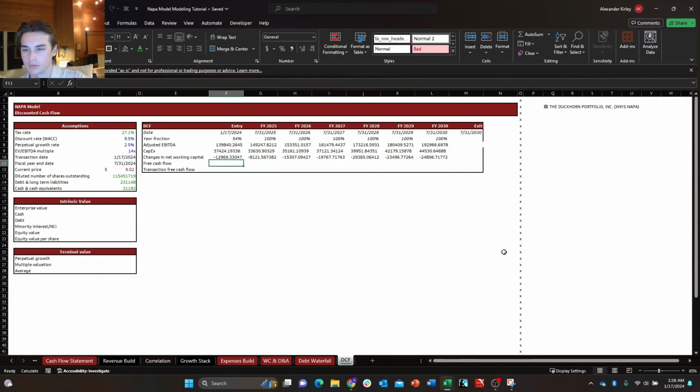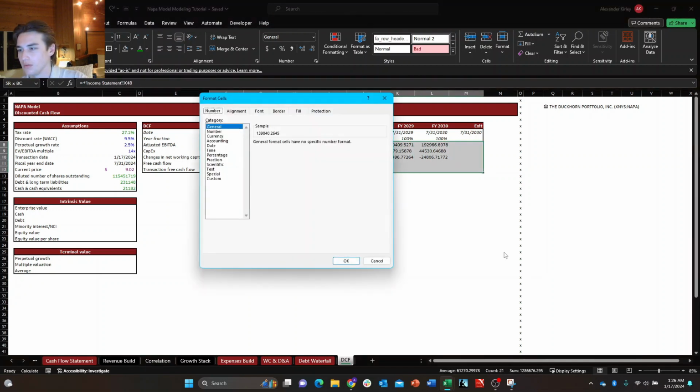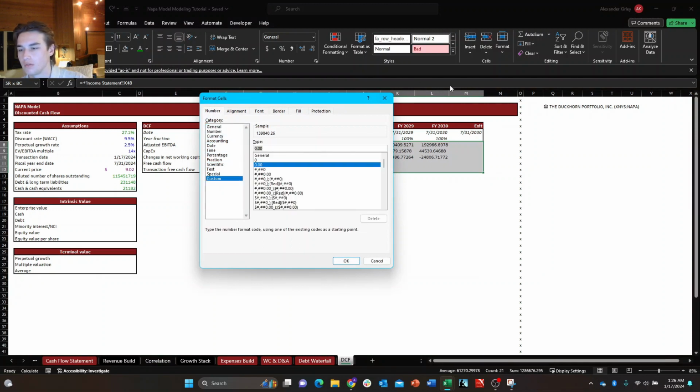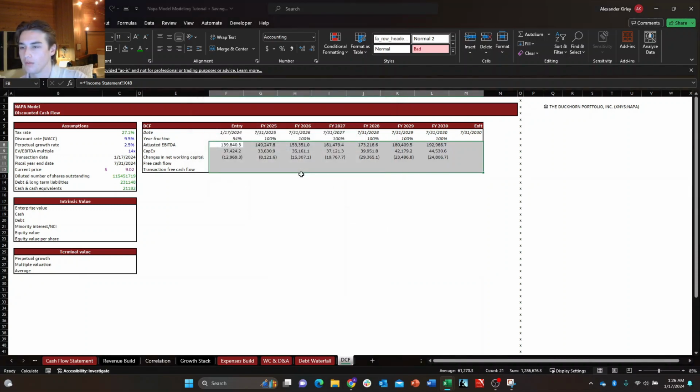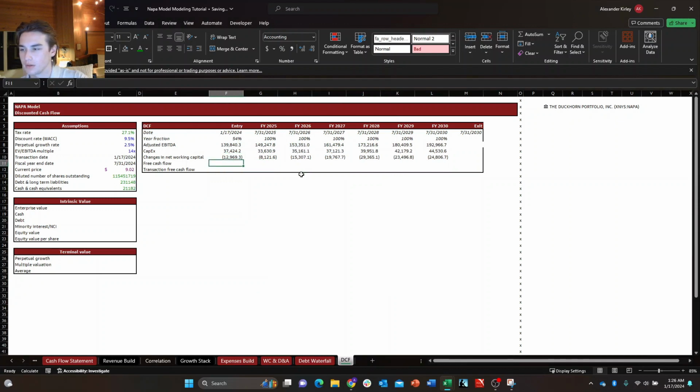And then we get to our free cash flow. So let's quickly format all of this. Excellent. Not sure why it's laggy, but we'll deal with that in a second.